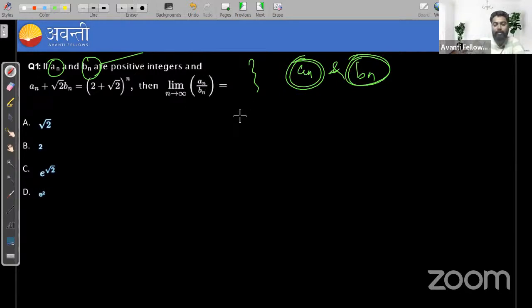Also it is given that an plus root 2 bn, pen is not working, is equal to 2 plus root 2 to the power n.